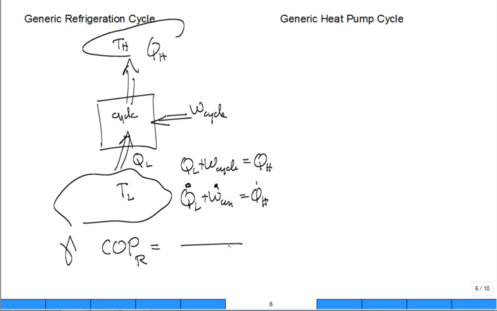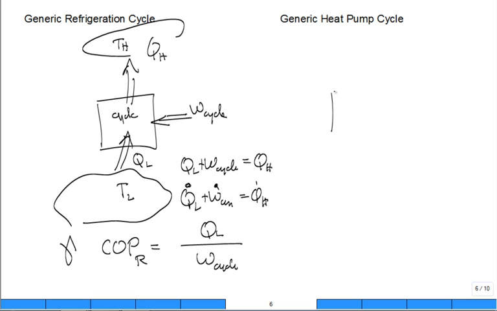Do I want a large electric bill from CPS? Do I want a large QH? Do I want to heat up the inside of my kitchen? Or do I want a large QL, to keep the refrigerator cold? So it's QL divided by what you had to pay for, W cycle.